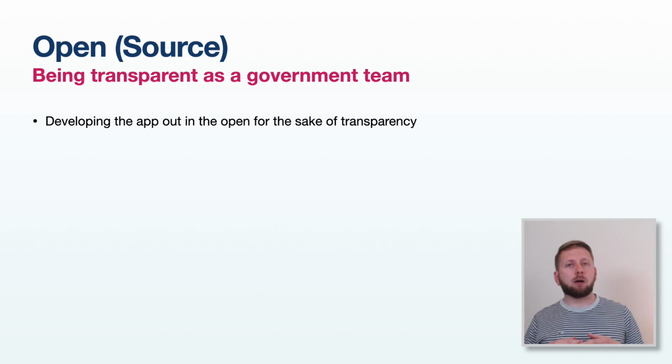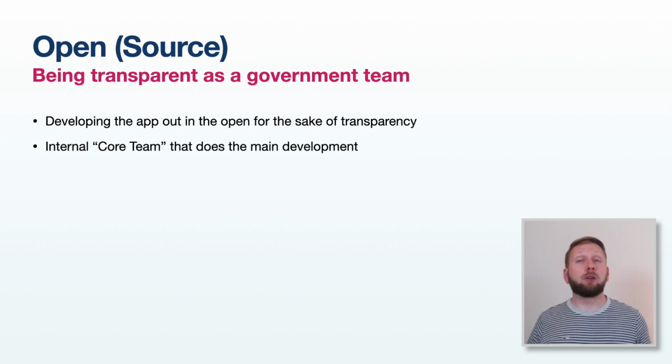So besides just developing the app from an open source perspective, where we allowed people to contribute to it with code, it was much more important than that even, that people saw what we were doing as an internal team, because there was an internal team actually doing the main development of this app.